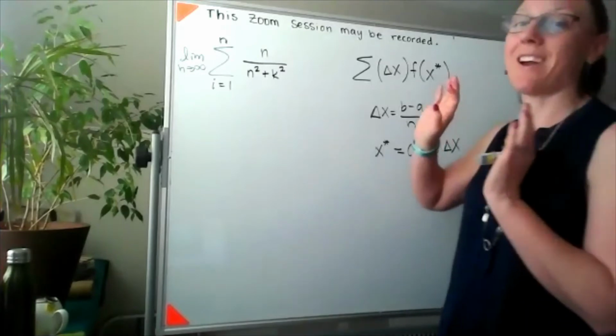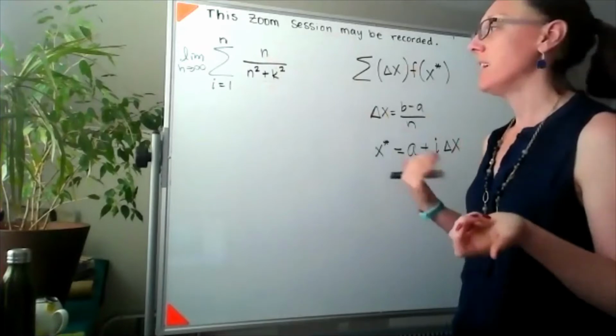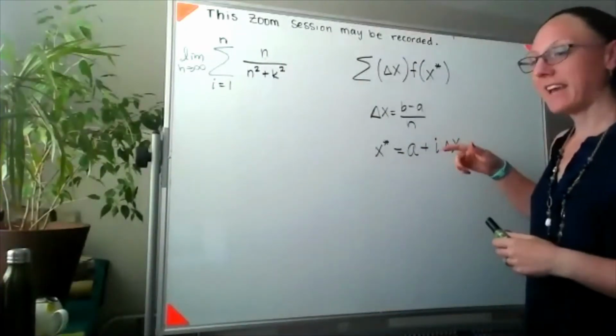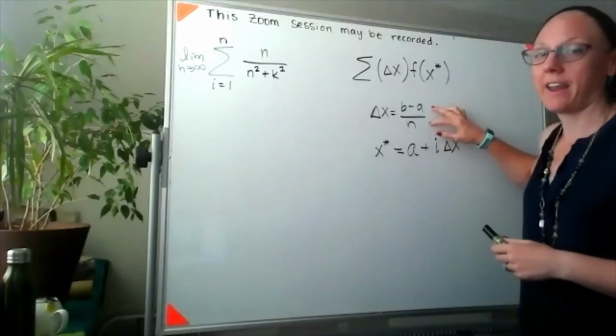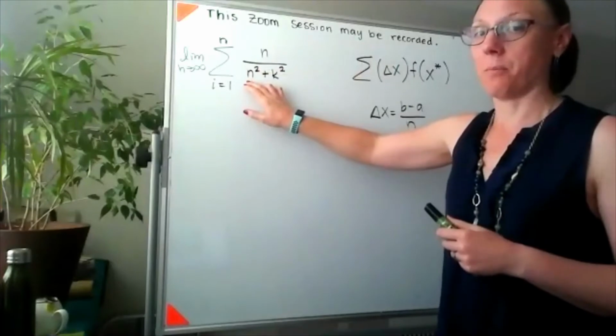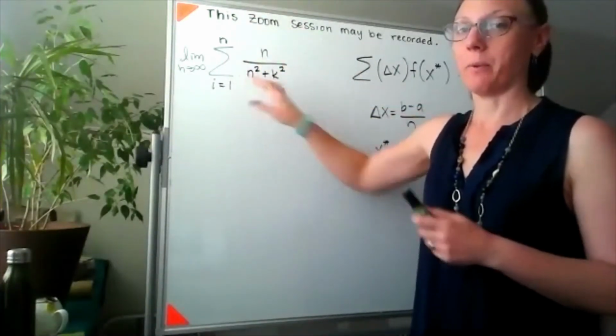Well, right now there's not anything in this problem that looks like a delta x. So the very first thing I'm going to do, because I know that I need to end up with something over n, I'm actually going to take the largest power of n in the denominator and divide every term by that. So I'm going to divide every term by n squared.